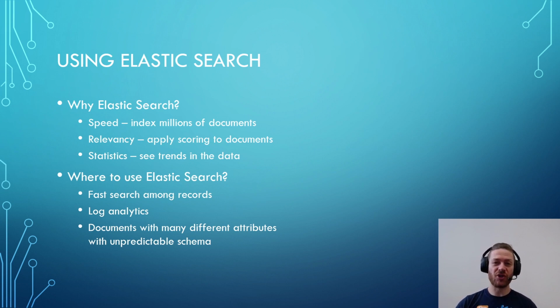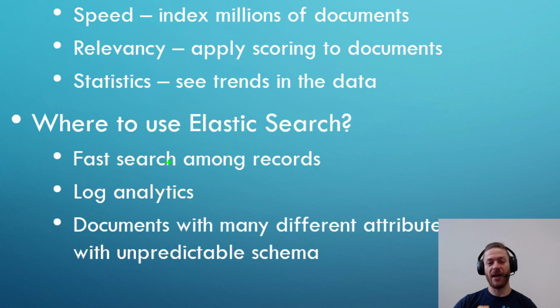So if you want to search fast in these log records, Elasticsearch may be a very good product for you. And finally, you can use Elasticsearch for documents with a lot of different attributes with unpredictable schema. But usually, most commonly, Elasticsearch is used for fast text search and log analytics.